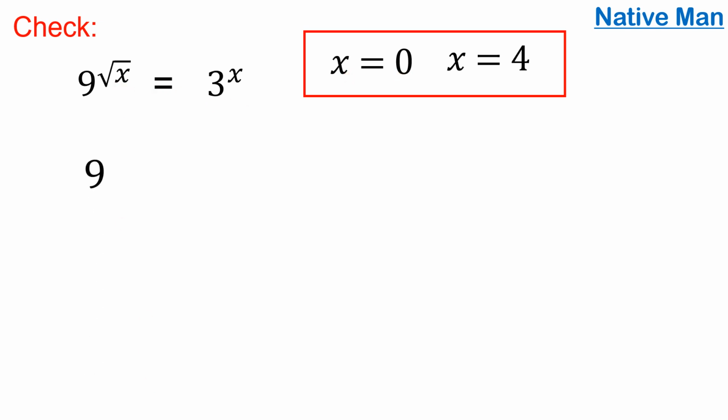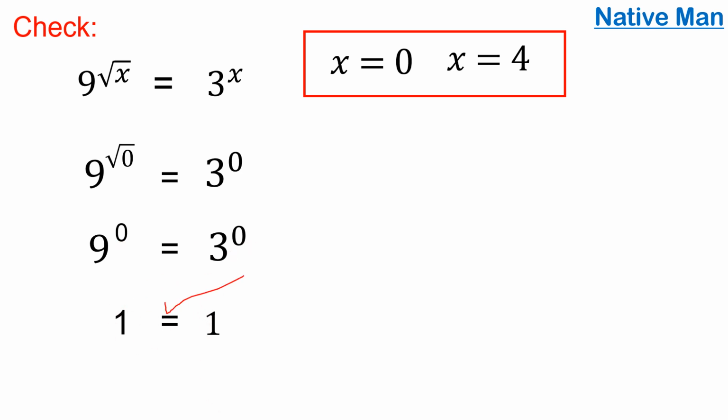So that becomes 9 raised to square root of 0 is equal to 3 raised to 0. Simplify: square root of 0 is 0, so 9 raised to 0 is equal to 3 raised to 0. What is 9 raised to 0? That is equal to 1, and 3 raised to 0 is equal to 1 also. Any number raised to 0 is always equal to 1. So 1 is equal to 1. Therefore, our answer is correct.